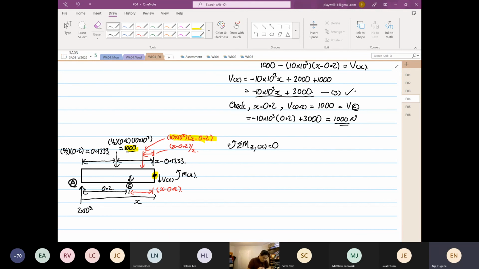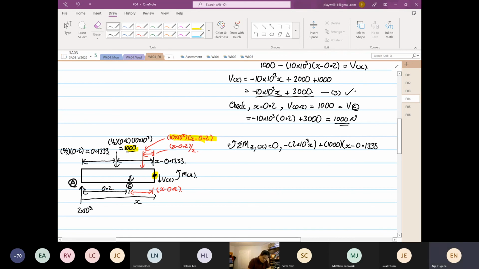The first one, the 2000, is going to be clockwise, so minus 2 times 10 to the power 3 x. And then the next one is plus 1000, and we know the distance is x minus 0.1333.